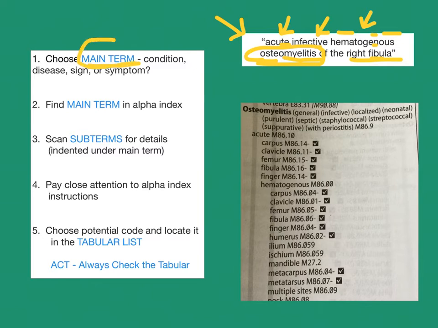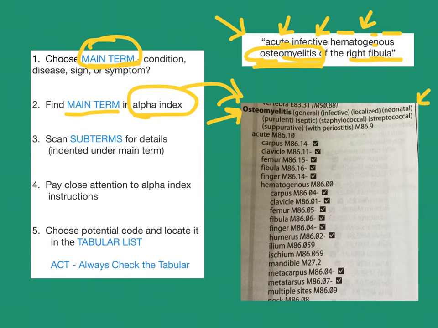So after we choose that main term of osteomyelitis, we then find the main term in the alphabetic index. So osteomyelitis, and then we scan through, again, these non-essential modifiers and any subterms to try to find the most applicable route. So looking through these non-essential modifiers, we see the term infective.